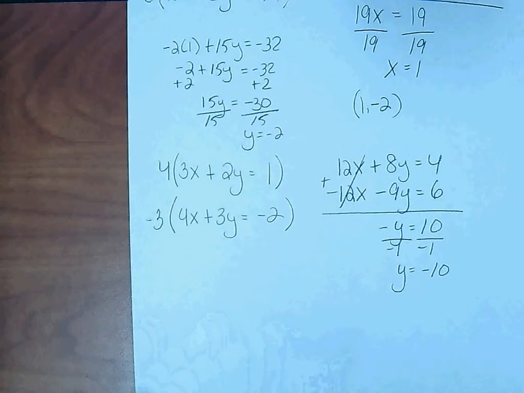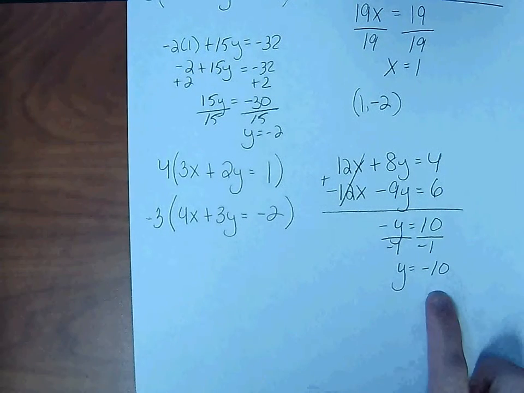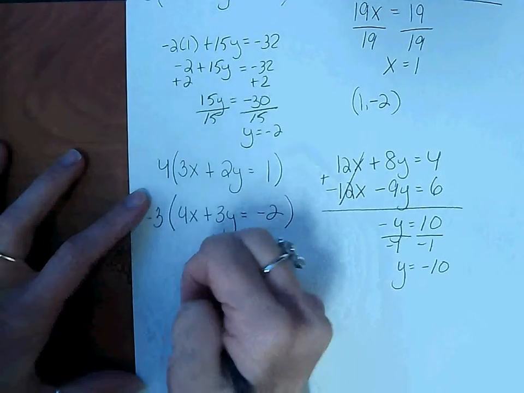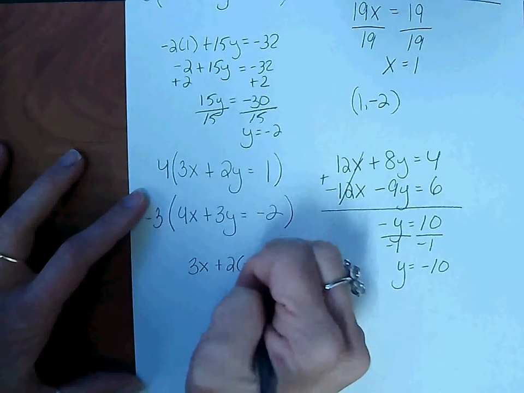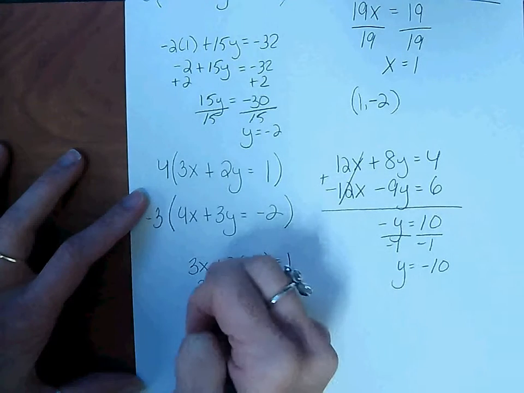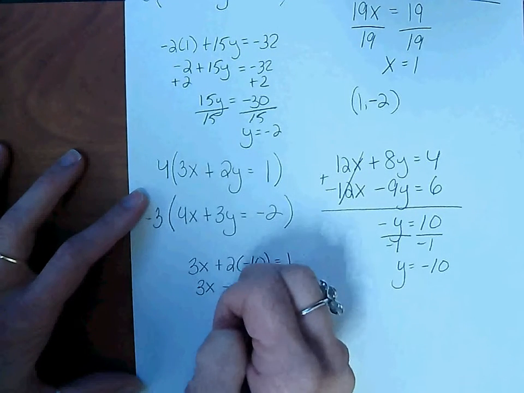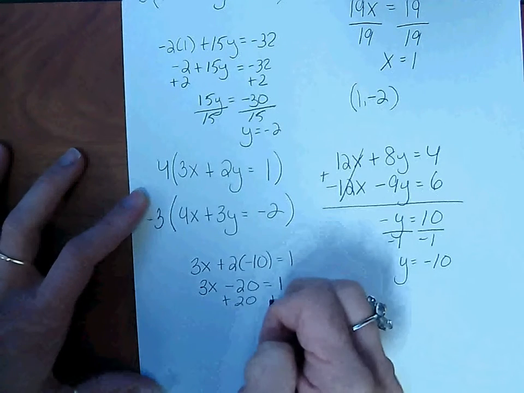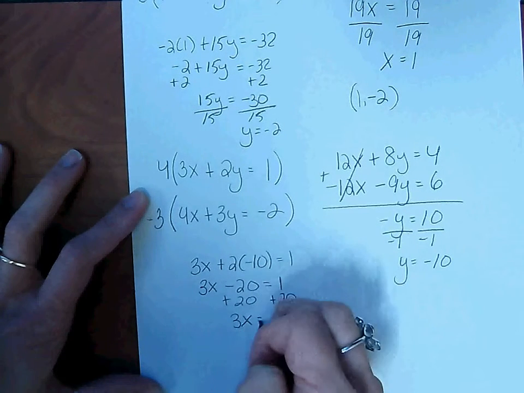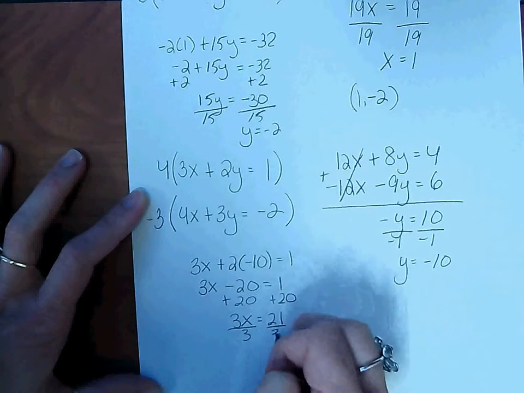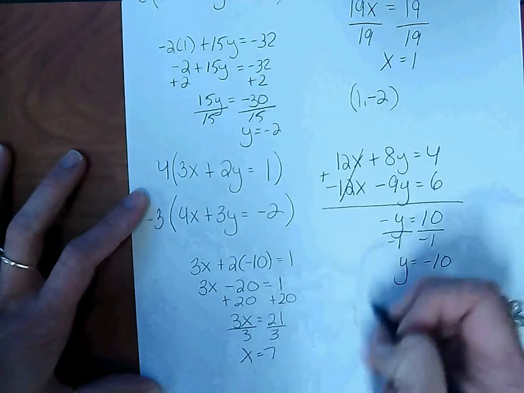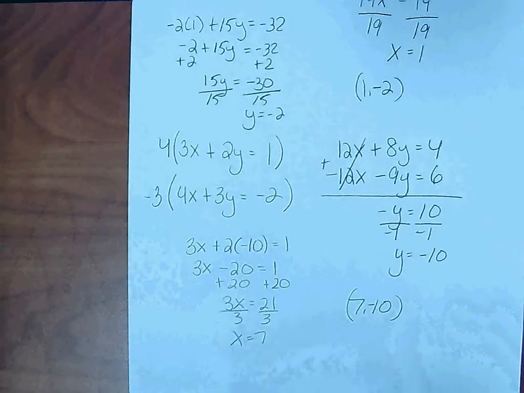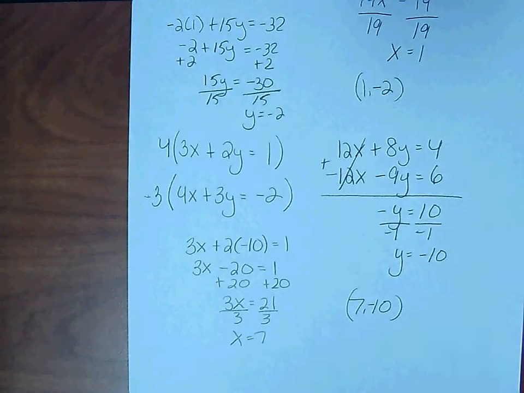To figure out the x term, plug the value negative 10 in for y for either equation. 3x plus 2 times negative 10 equals 1. 3x minus 20 equals 1. Add 20 to both sides. 3x equals 21. Divide by 3. x is 7. So our solution is 7, negative 10, intersecting lines at the point 7, negative 10.